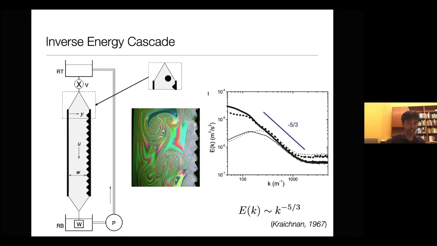This rod sheds large vortices, which you can see over here, which sequester the turbulence created by this rough wall and then just spread it all across. And this forced turbulence conforms to the -5/3 scaling, as is again expected from Kraichnan's theory.